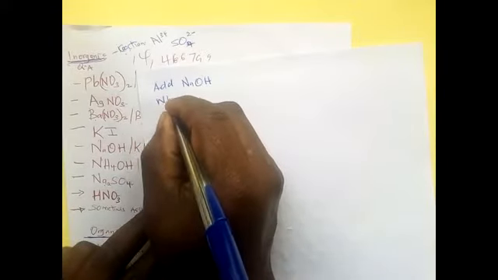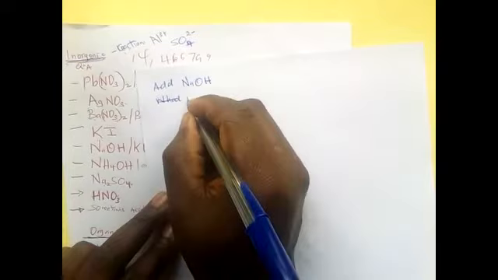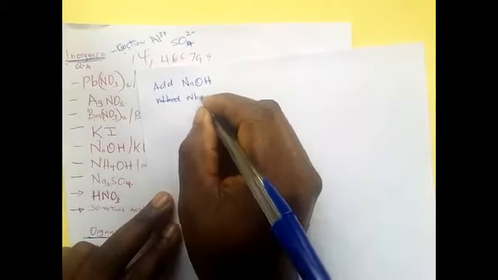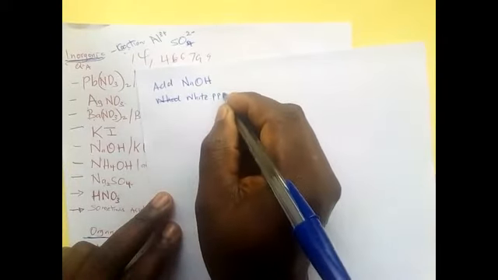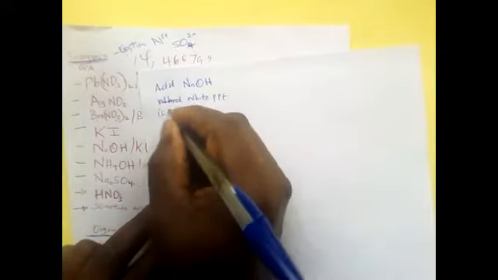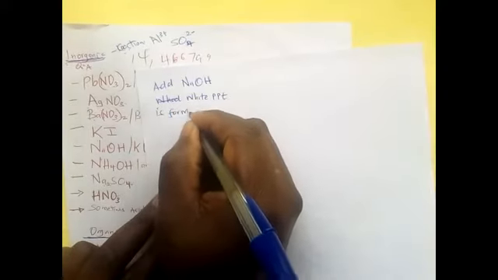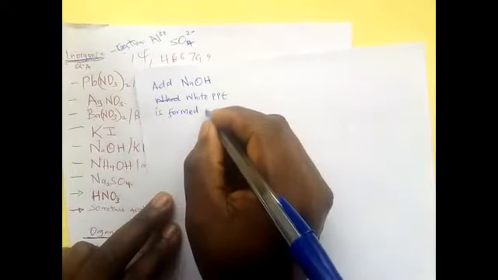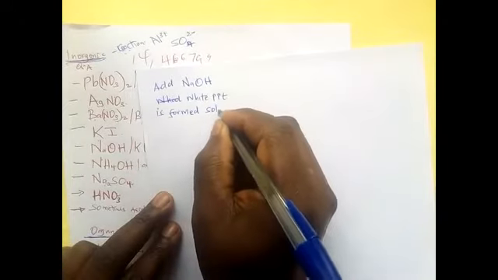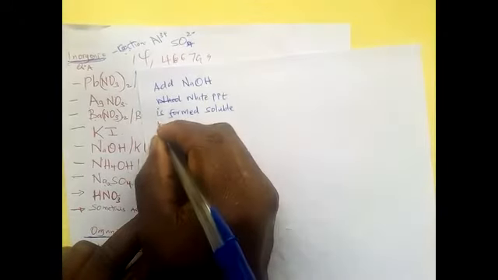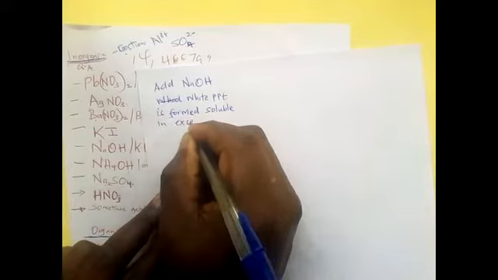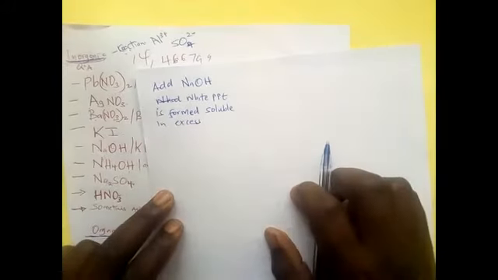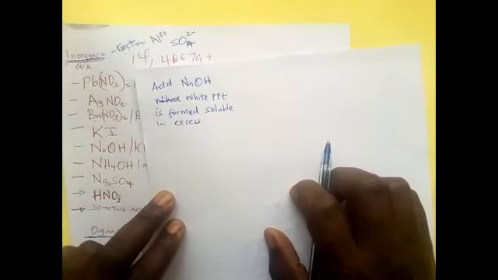You expect that a white PPT is formed, soluble in excess. A white PPT is formed, which when you put in excess, it dissolves to form a colorless solution.